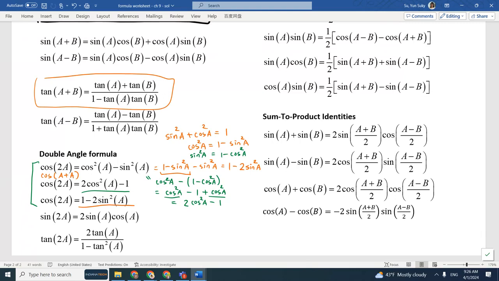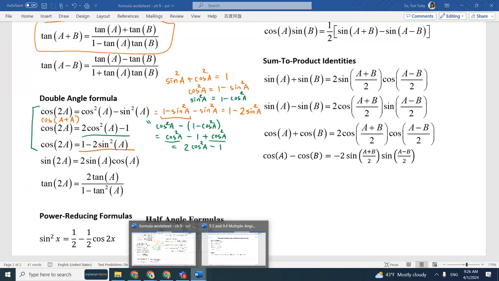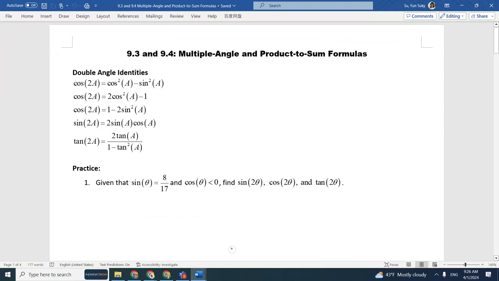So ideally, if you have the sum and difference formula, then you can deduce the double angle formula. But in the exam, I just give you all the formulas, I mean, all these harder formulas. Any questions about the double angle formula? No? All good? Okay. Now, let's do examples.